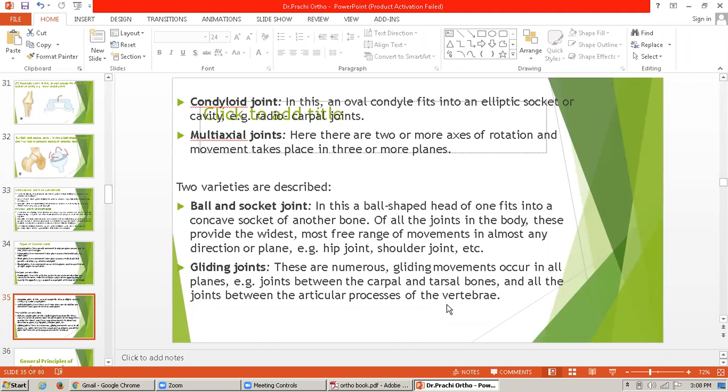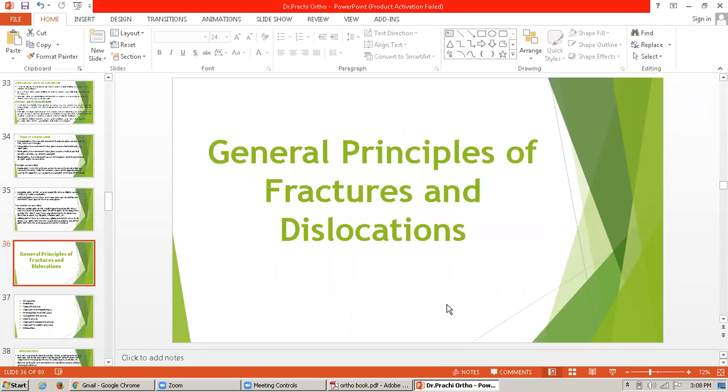So this is all about the brief anatomy of the skeletal system. The next topic of orthopedics is the general principles of fractures and dislocation. This is a very important topic in orthopedics.